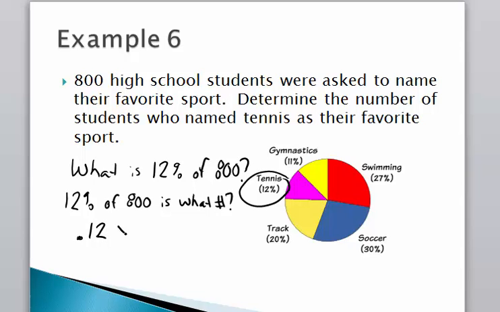The of, we'll write as a multiplication. We'll rewrite the 800. The is, we'll write as an equal sign. And what number will use x? And so 0.12 times 800 is 96. So there were 96 students that named tennis as their favorite sport.